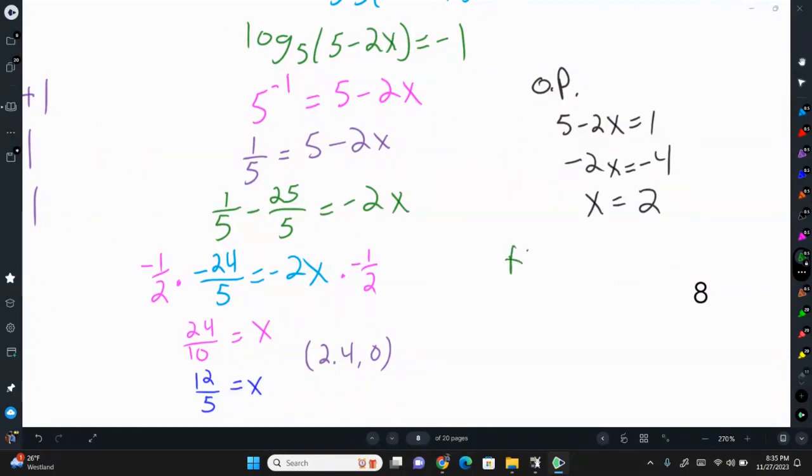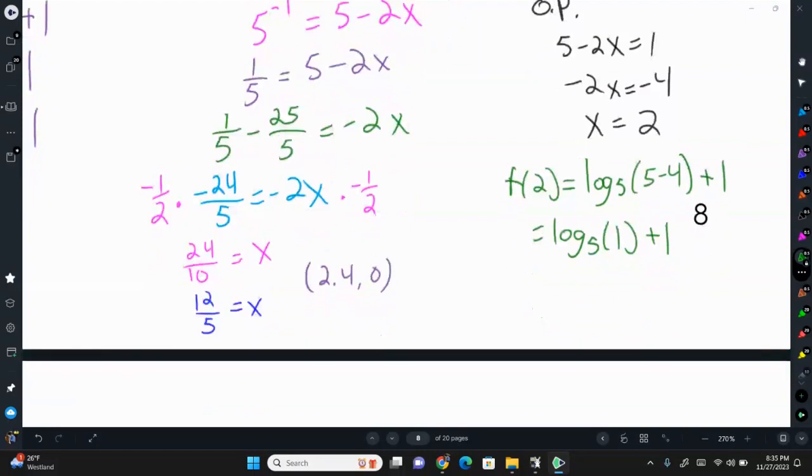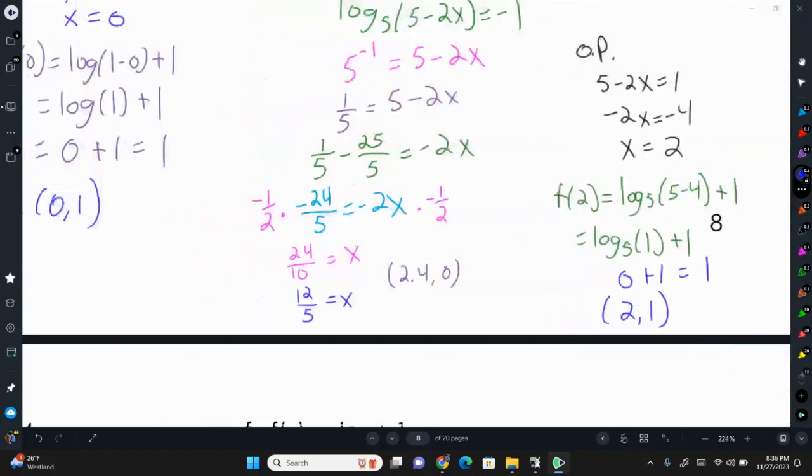So now I'm going to substitute 2 in. So f of 2 is log base 5 of 5 minus 2 times 2, which is 4, plus 1. So then we get log base 5 of 1 plus 1. Well, we know log base 5 of 1, or log with any base of 1, is equal to 0. 0 plus 1 is 1. So 2 comma 1 is my other point. So let's go plot our values.